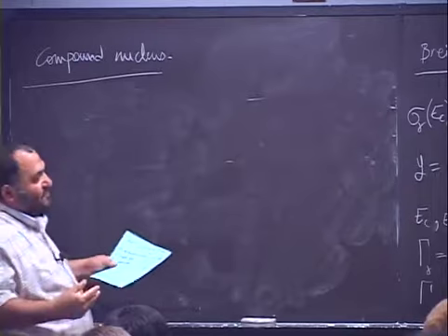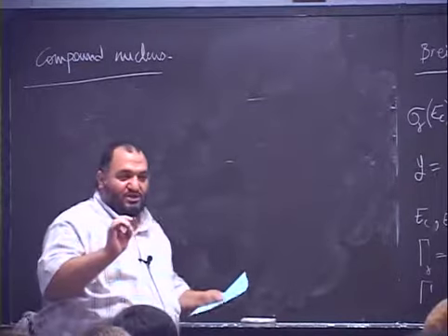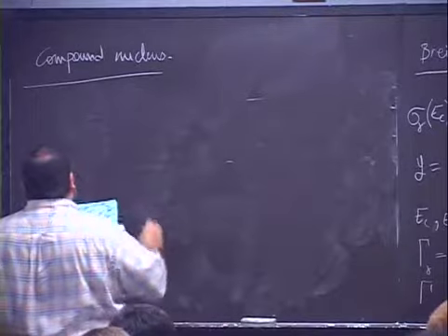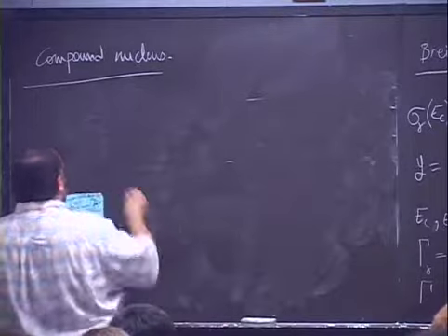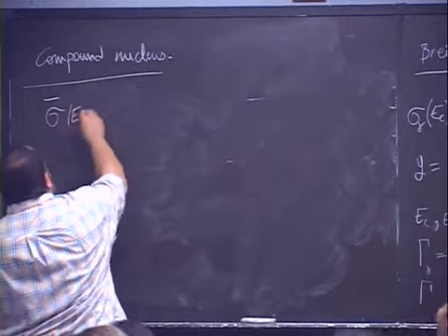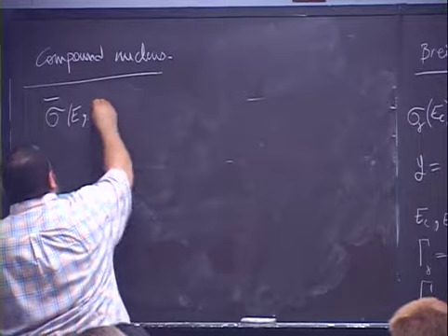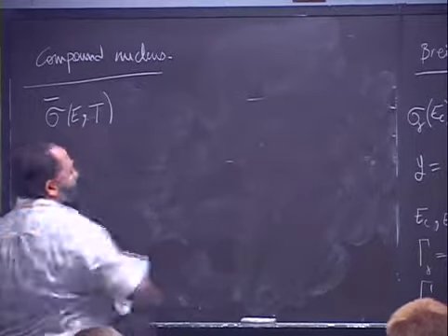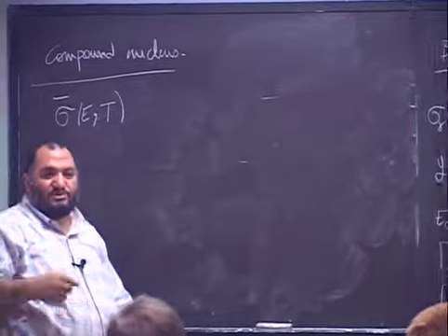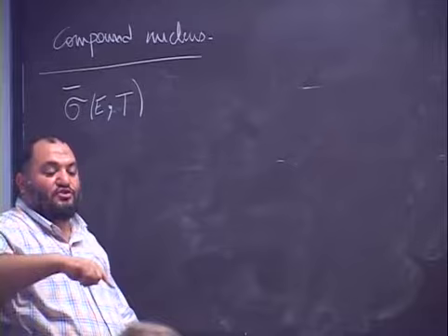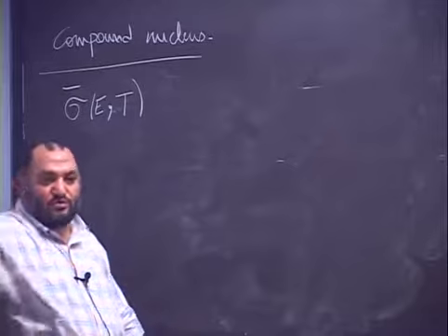So this is for a beam with one energy. Let's assume that we have a Maxwellian now with energy. In this case, I will have an average for the sigma, and this is the energy of the neutron. Now this is the temperature. Why? Because the Maxwellian is defined by a temperature, and if you change the temperature, the Maxwellian distribution will change.